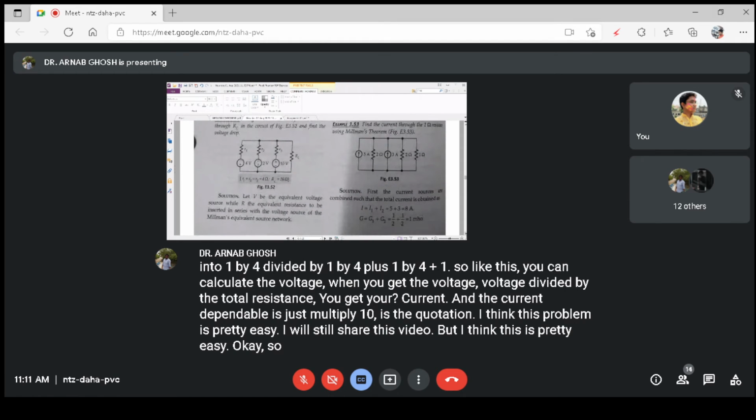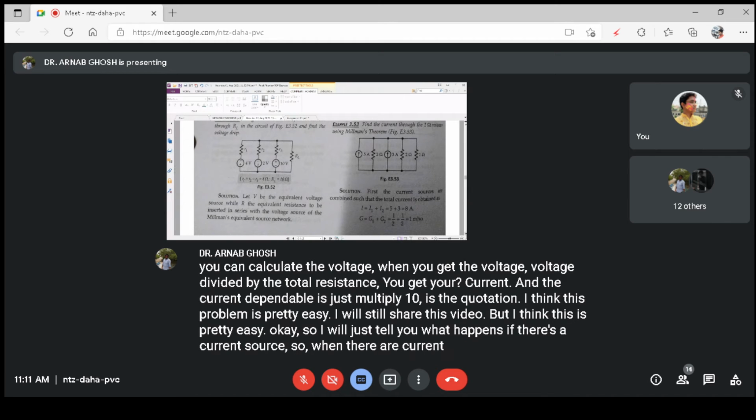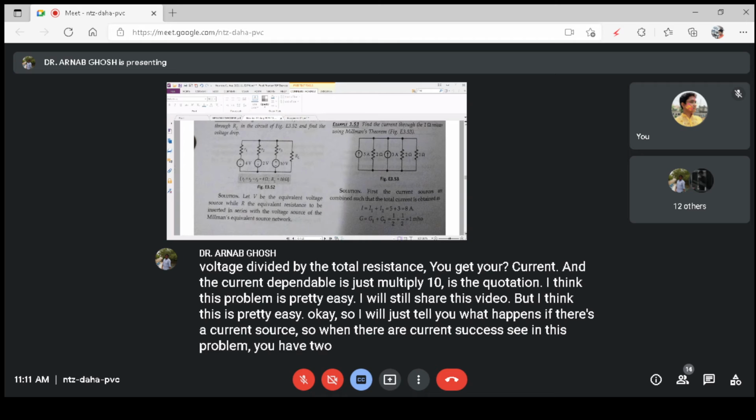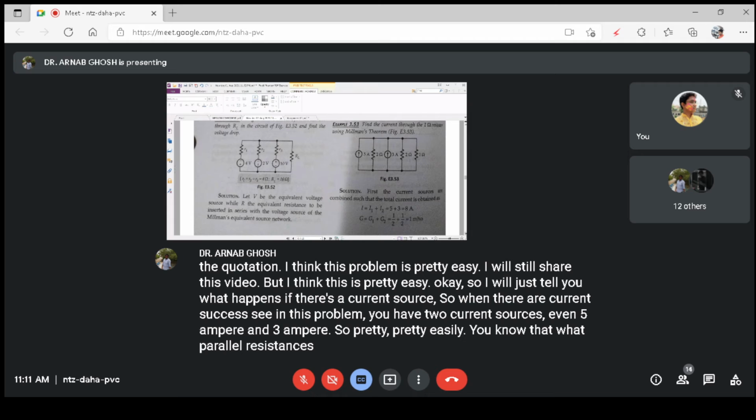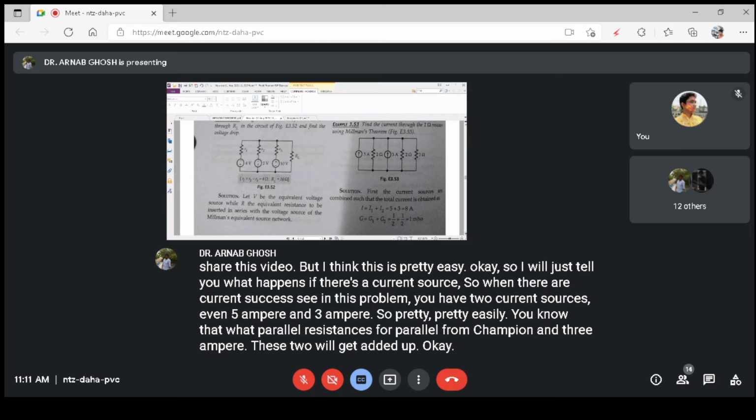Okay, so I will just tell you what happens if there's a current source. In this problem, you have two current sources given, 5 ampere and 3 ampere. Pretty easily you know that for parallel sources, the 5 ampere and 3 ampere will get added up.